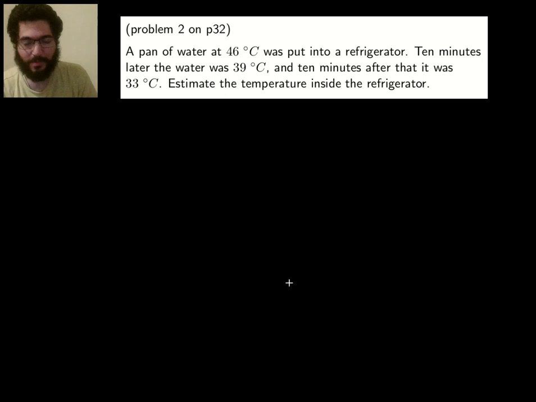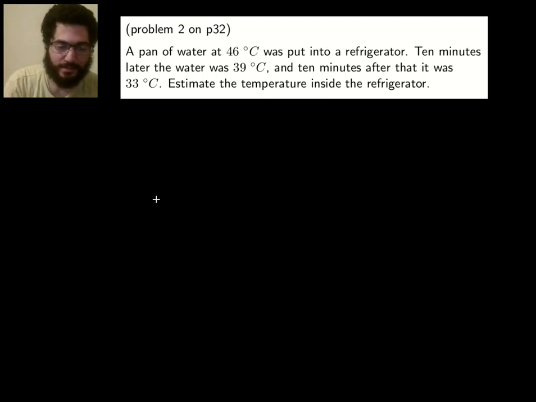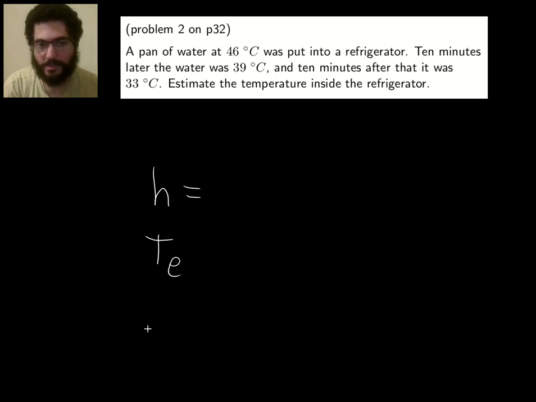Okay, so maybe this is not what you immediately expected when you thought, let's look at an example problem. Maybe you expected a situation where I tell you, here's what h is, here's what TE is, now solve the differential equation, and give me a prediction as to what the temperature of my object is at such and such a time.